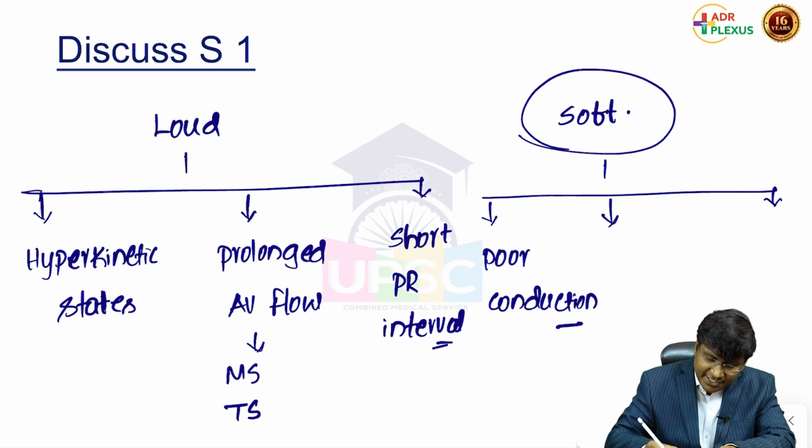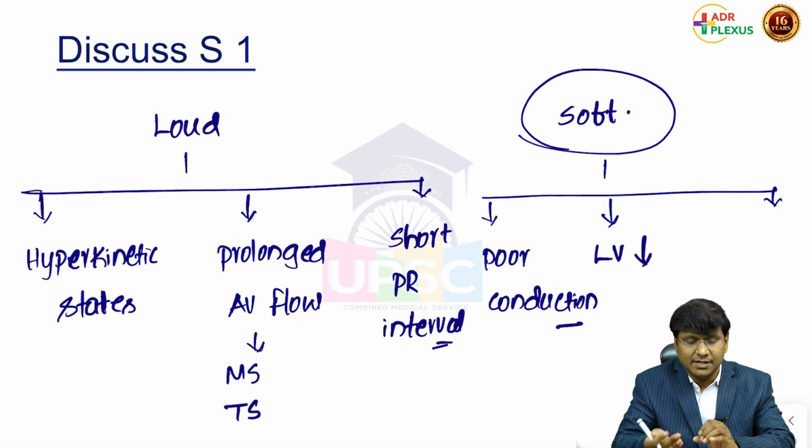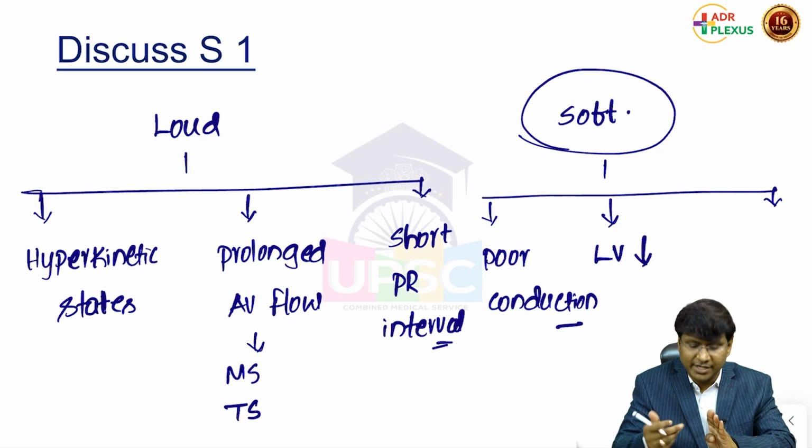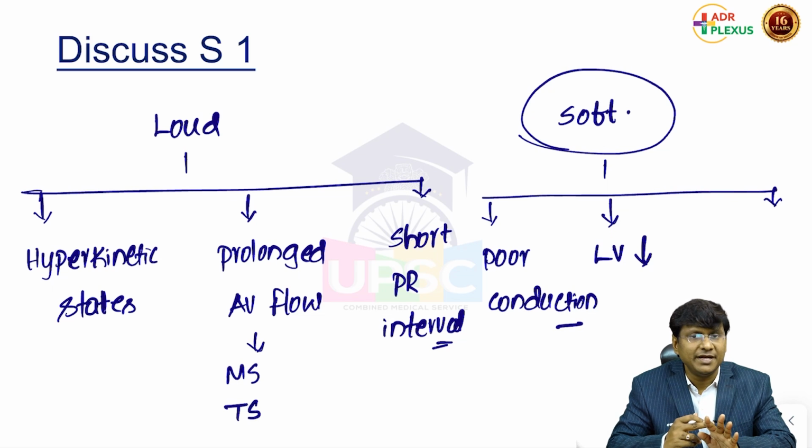Then in conditions where there is decrease in the LV contractility, you will have it in cardiomyopathy, mitral regurgitation, acute myocardial infarction, and myxedema, which is nothing but hypothyroidism. So you will have decrease in the LV contractility.